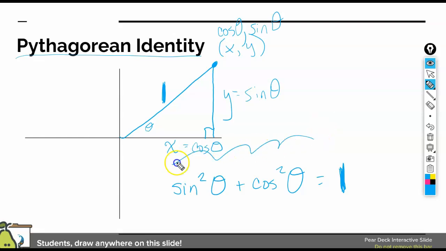And this is a big deal, because if we know what sine is equal to, then we can find cosine, because sine squared plus cosine squared has to equal 1. So even if I don't have the angle measure, but I know what its sine ratio is equal to, then I can find the cosine ratio, I can find the tangent ratio. I have everything I need to find all of the other trig ratios.